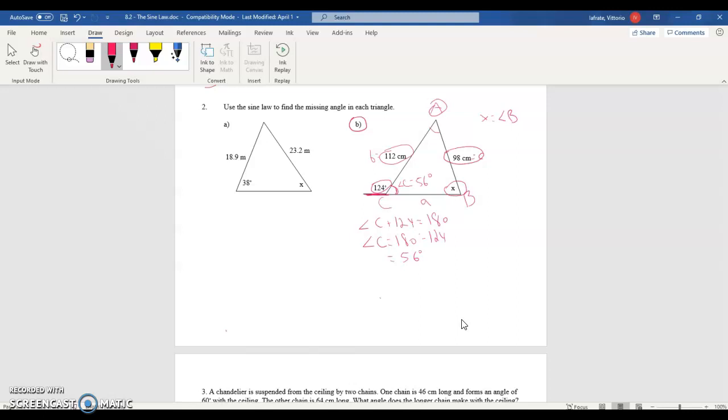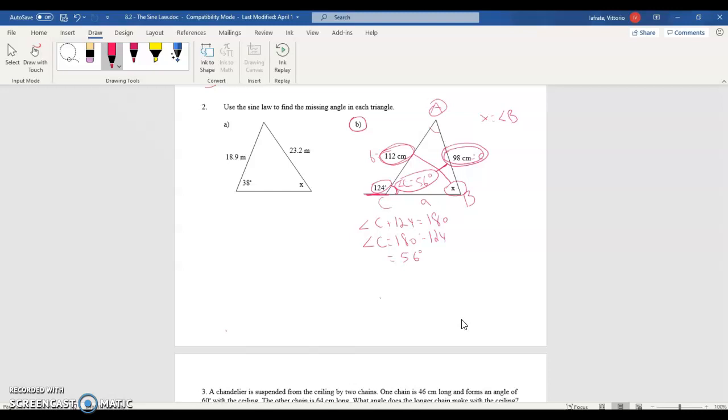So we found angle C being 56 degrees. So now we have two sides and a known angle opposite to one of those sides. So now we can use the two sides and the known angle to find the unknown angle that we're looking for, which is x here.